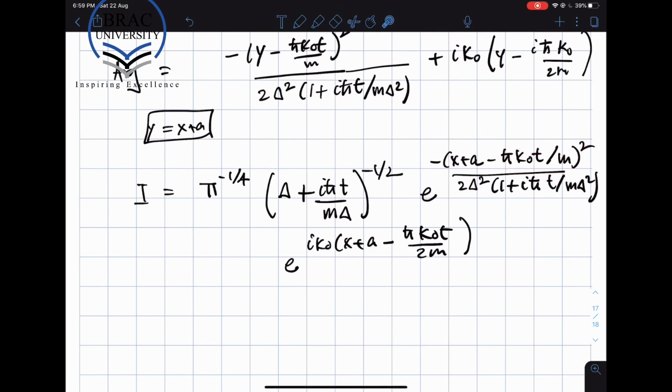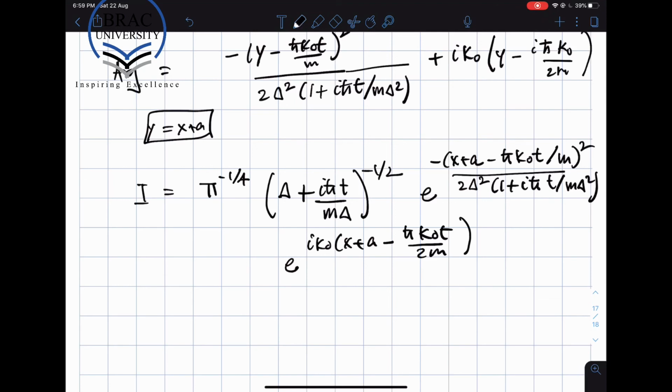So as time goes on, for large values of t, we can ignore this a. For large values of t, the position of the Gaussian is going to be given by h bar k naught t over m, so it'll be on the positive x-axis. And the width of the Gaussian is also time dependent, and the width increases with time. So the Gaussian not only decreases in its amplitude, it also spreads out.